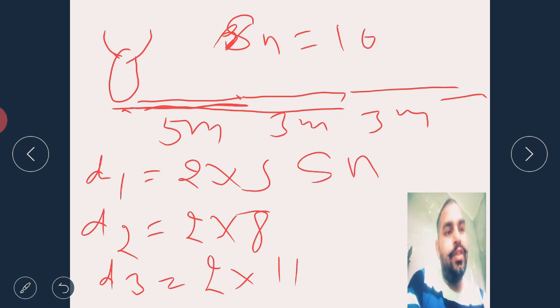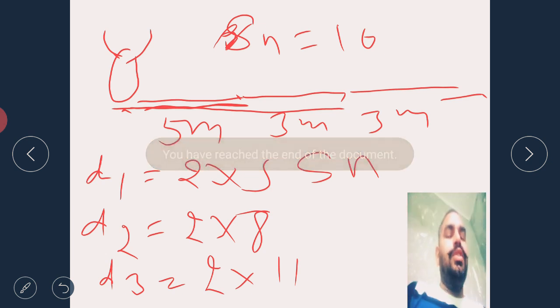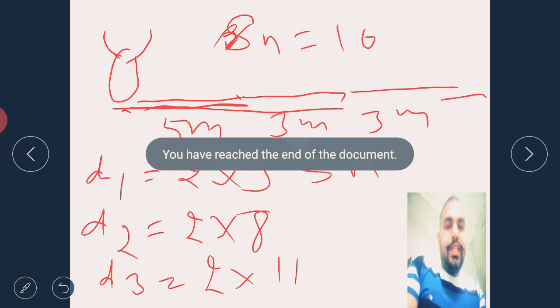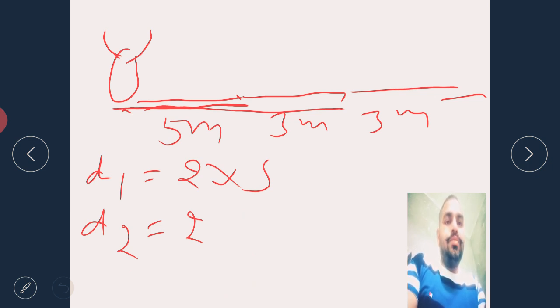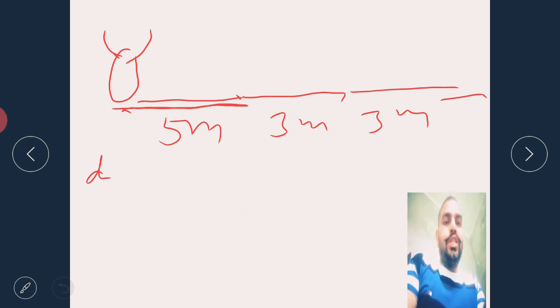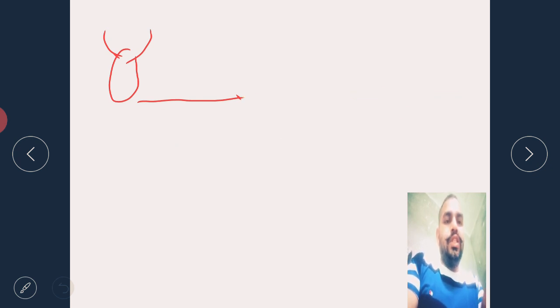So for the first, let's do this. Are you understood it or not understood? Let me know. So first term a is what? 10.